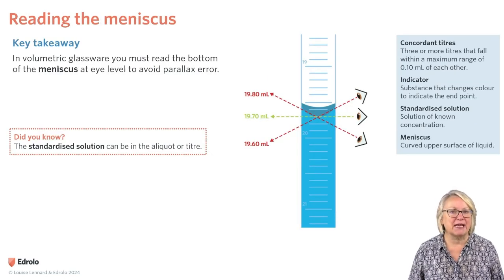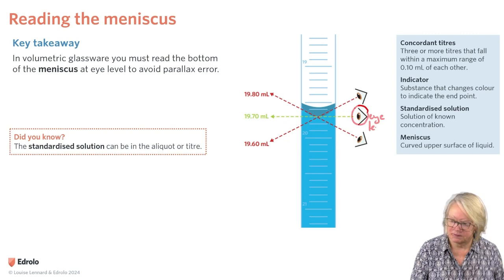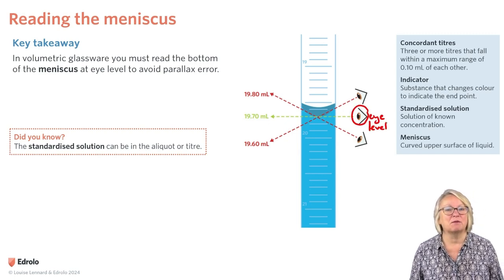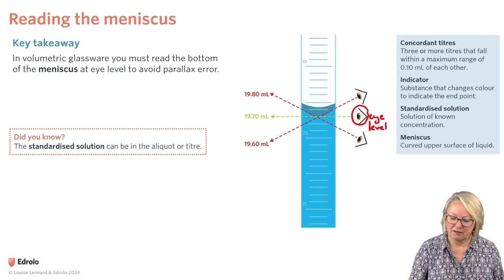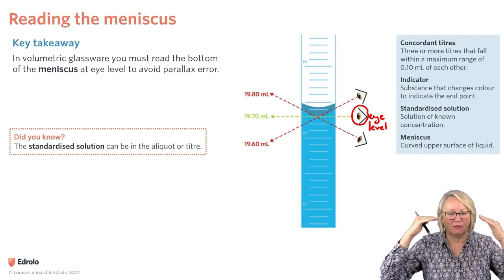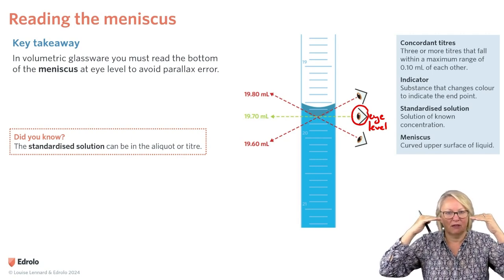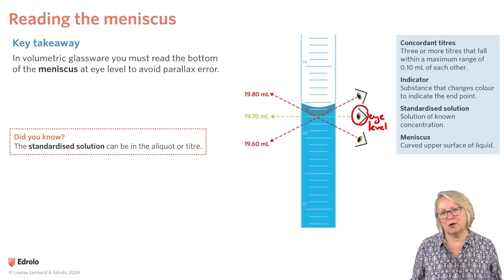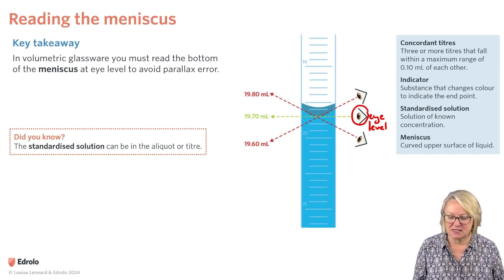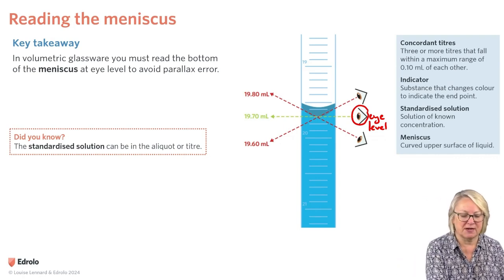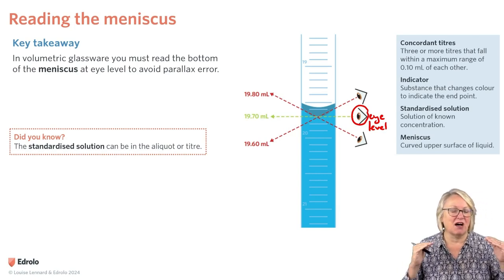It's really important to read the meniscus at eye level. This is to avoid parallax error, where if we don't read at eye level, we read above or below, we misread the bottom of the meniscus. So you must read the bottom of the meniscus at eye level.